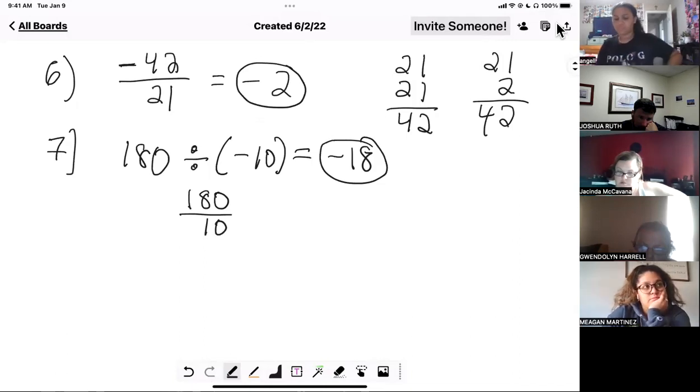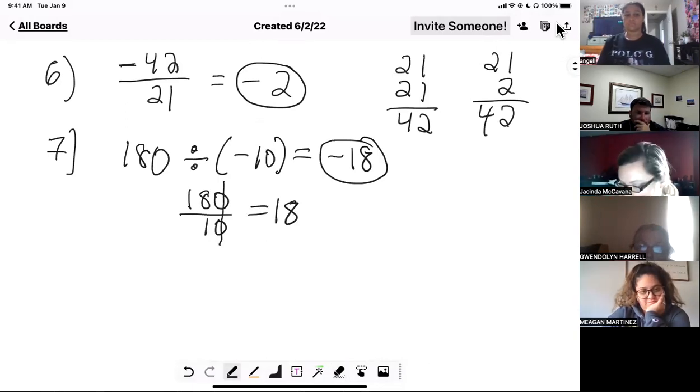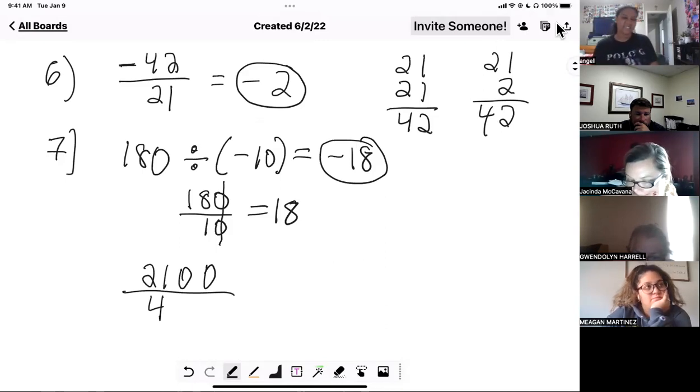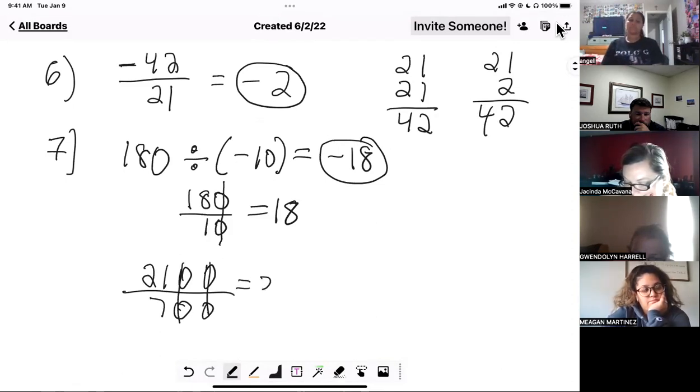If you divide 180 by 10, if you put it in fraction form, you're allowed to cancel out the zero, how many zeros each has. So you can cancel out the 0 and you'll get 18. So off topic for a minute, if I have 2100 divided by 700, then that answer is really 21 divided by 7, which is 3.